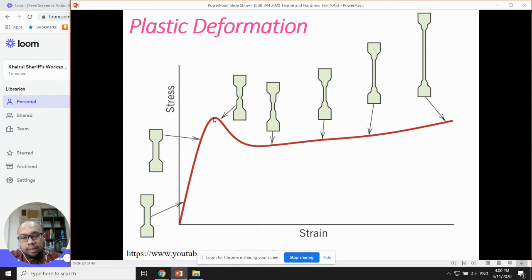Because as you can see, if this one is strain hardening, you get a straight line and then a little bit of curve here. But this one goes straight and then drops, meaning that it goes into the plastic region, and then suddenly, with no strain hardening condition, it just reaches its ultimate tensile strength, and then the necking formation starts to happen.